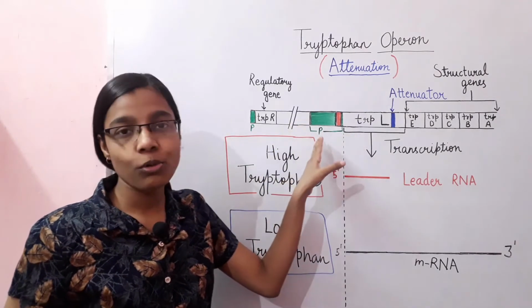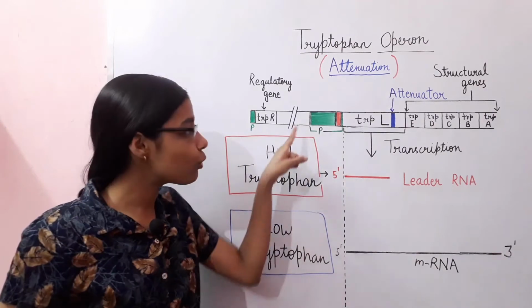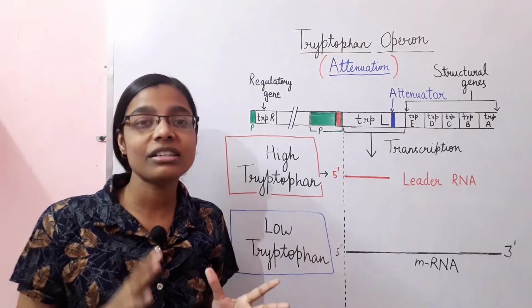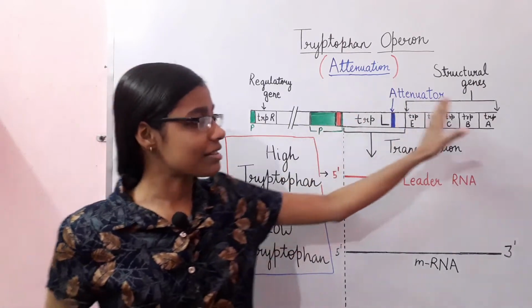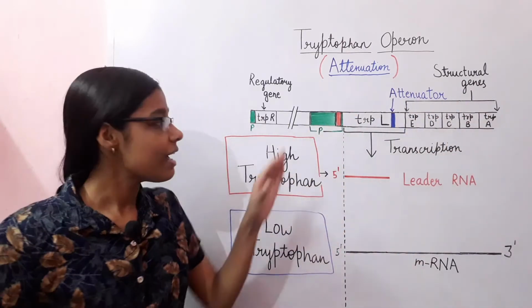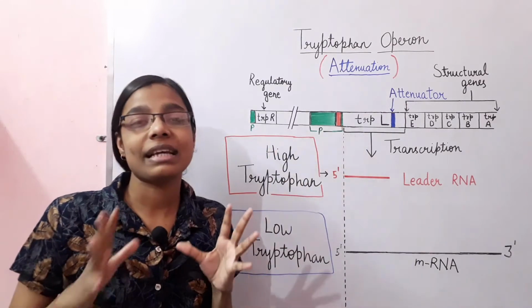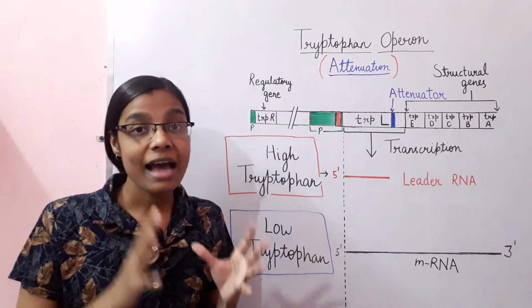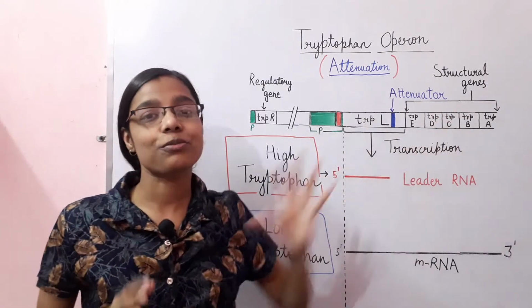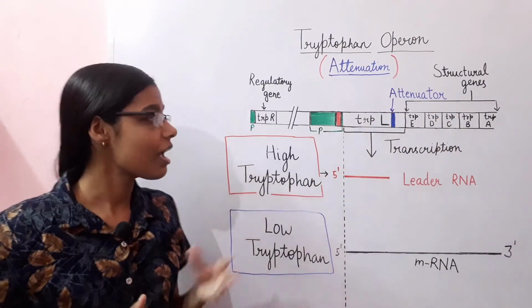Next to it are a promoter and the operator site. The promoter is the site where the RNA polymerase can bind and start the process of transcription of these structural genes. An operator is the site where an active repressor can bind and inhibit the transcription of these structural genes.